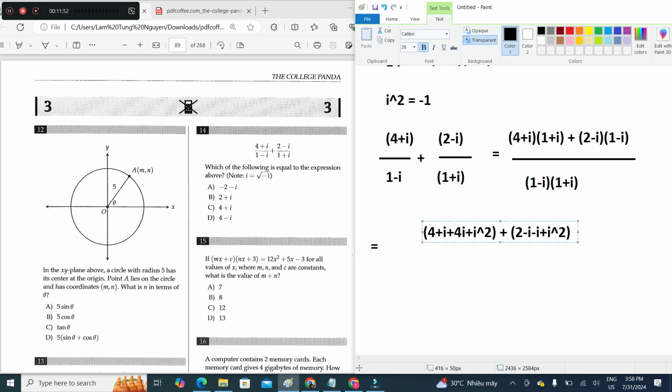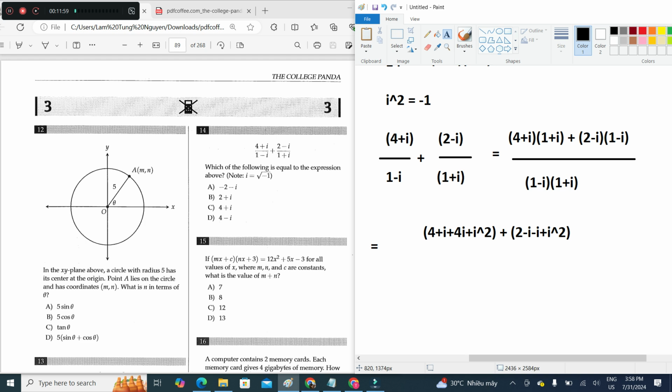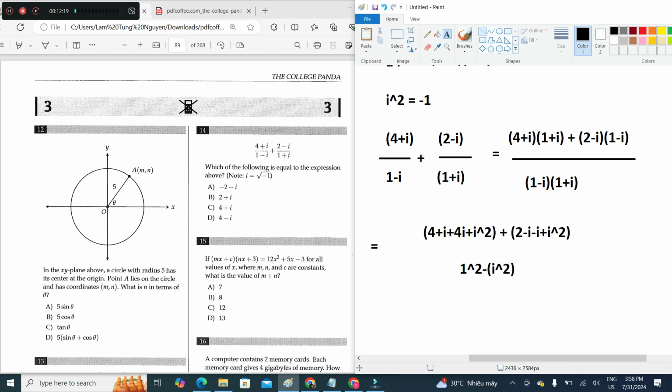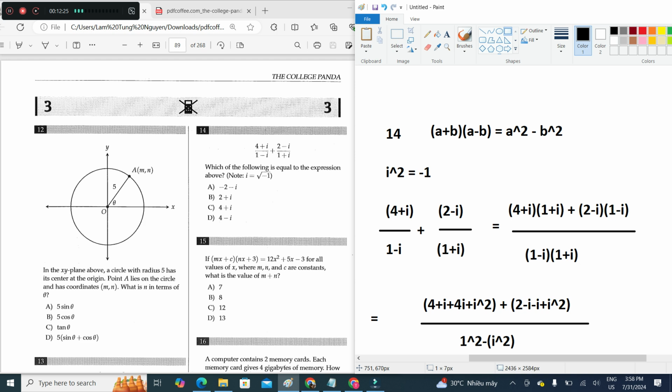That's the numerator, and here's the denominator: a minus b times a plus b, so it's just 1 squared minus I squared. Now I think we are ready for the reduction, but we should keep a key formula in mind: wherever we have I squared we can replace this with minus 1.